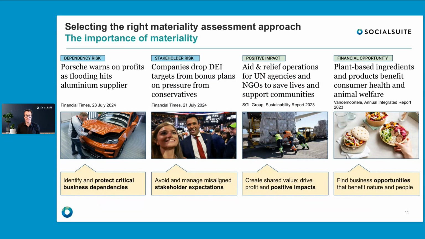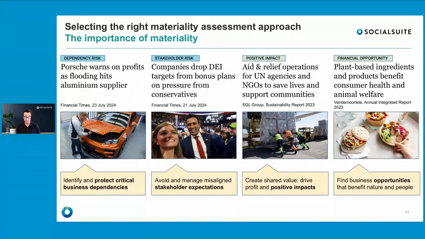So we got 4 examples here to look at that importance of understanding materiality and linking it back to those concepts of impact, risk, and opportunities around a particular sustainability matter. We had a dependency risk where Porsche had a profit warning early in the year when there was a big climate event in Europe. There was a lot of flooding in Germany, and it hit the aluminium supplier.